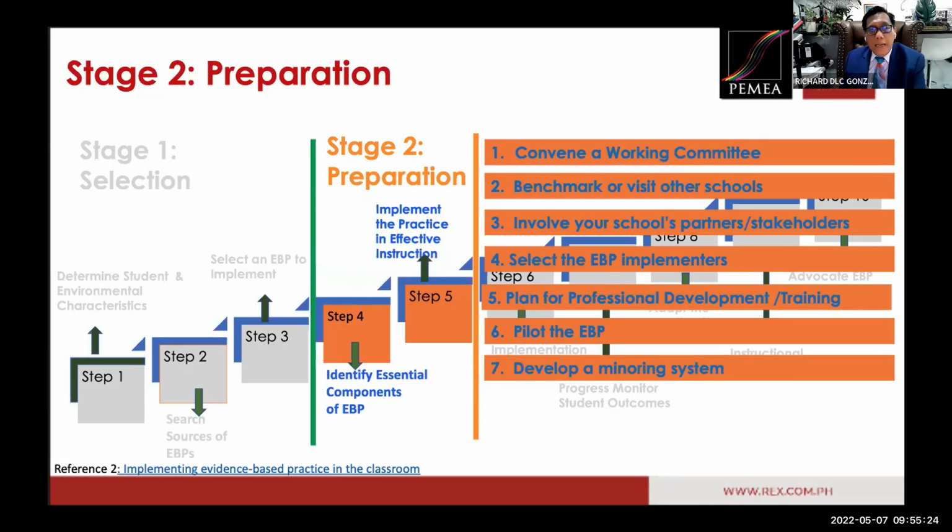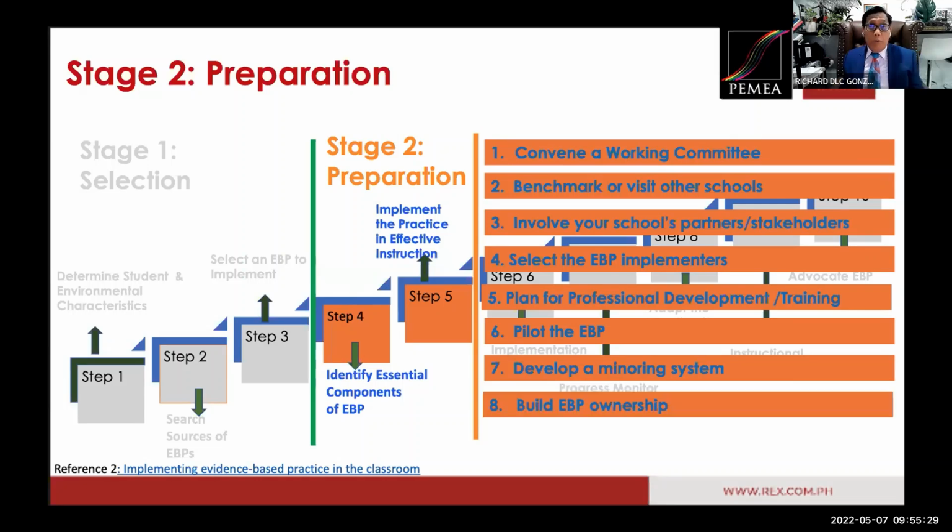So you need to consider this. And I guess this is the last one for preparation: building program ownership. This is very important. There are often challenges in getting teacher and administrator ownership. It's difficult to convince all teachers to be part of any EBP because they consider it additional work, without any incentive.